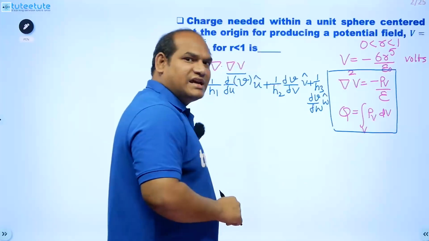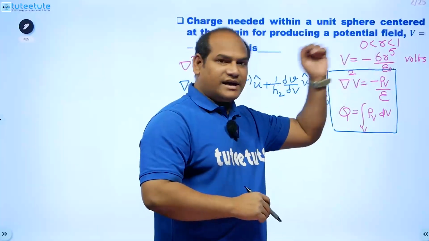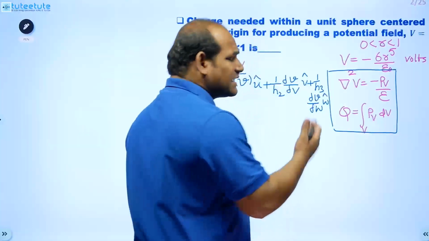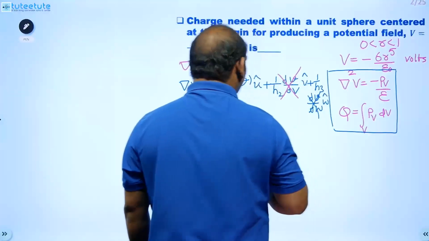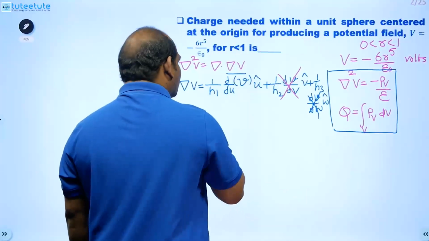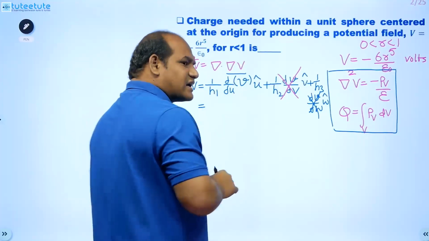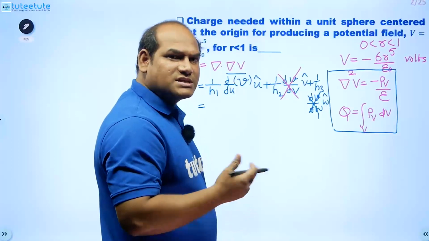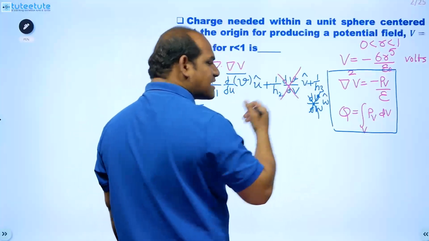But fortunately, in our potential field we don't have the phi component and theta component. It is not a function of theta and phi, so we can remove these two terms and write only this one. In the spherical coordinate system, the first scaling factor is h1 is equal to 1, h2 is r, h3 is r sin theta.